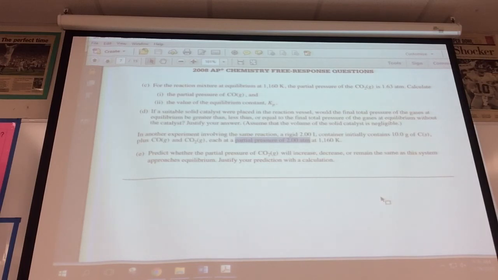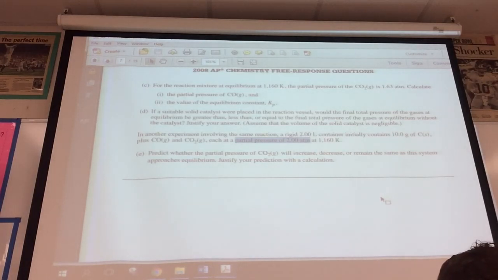Predict whether the partial pressure of carbon dioxide will increase, decrease, or remain the same as the system approaches equilibrium. What would your approach be here? You would have to find Q to see if the forward or reverse reaction is favored.